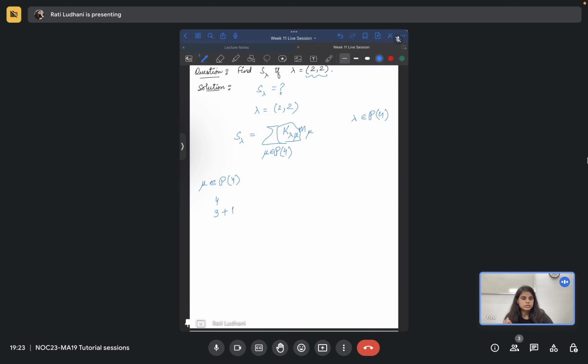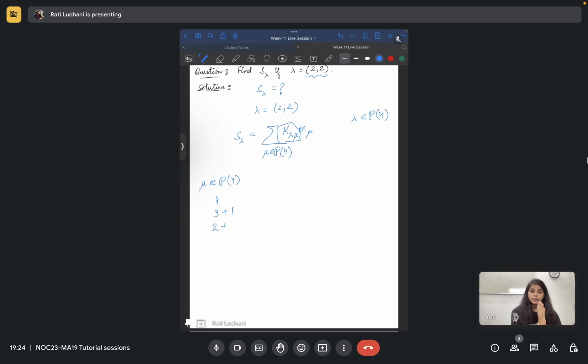So 3 plus 1. First you go one number down from 4, you take one number strictly less than 4, that is 3, and you write the extra number as plus 1. With 3 there is no other option. So you go one number down again, that is 2.